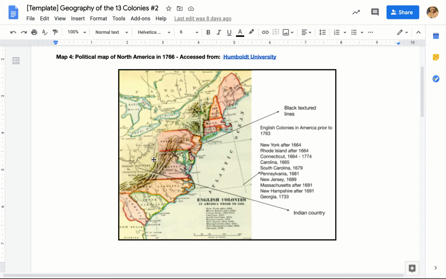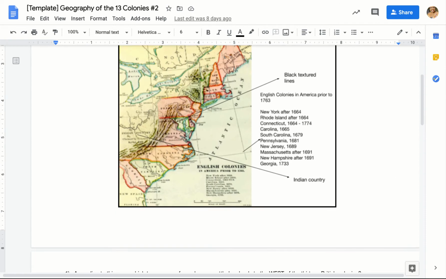And it says that this arrow right here is pointing to Indian country. So on the other side of these textured lines is Indian country. So those are some things to keep in mind.